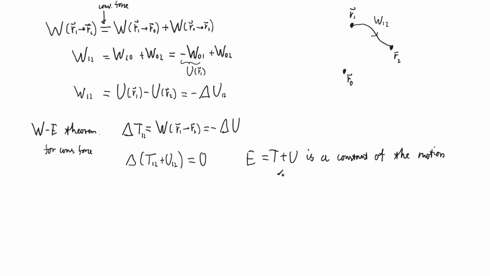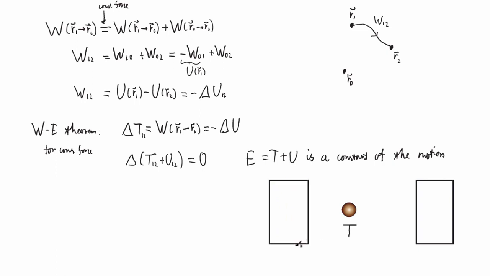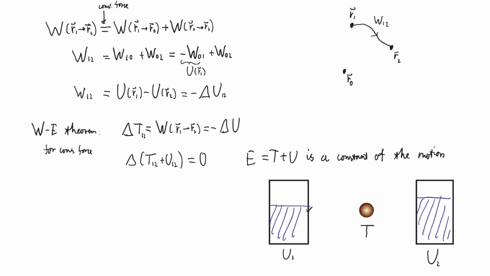One way to look at the work energy theorem in this context is to consider the particle that we're working with. It has some kinetic energy T, and then we have reservoirs. This is the reservoir of potential energy of type 1. Here's the reservoir of potential energy type 2. There's some level of potential energy in each of them, so they contain a certain amount of potential energy.